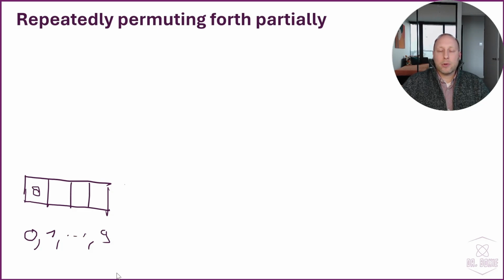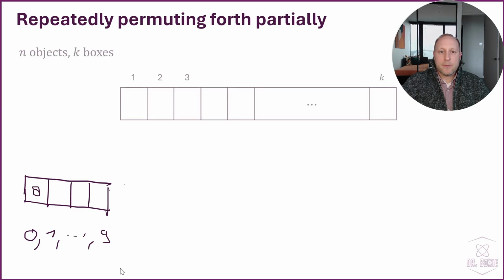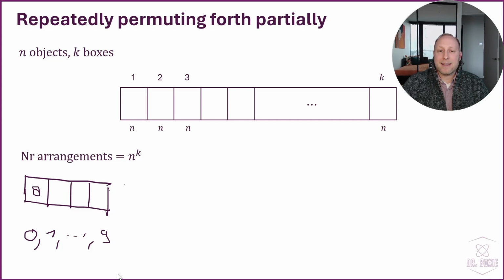What happens then to the formula of permutations? Well, we once again have n objects and k boxes, but this time I have, for the first box, n possible choices. But no matter which choice I made for the first box, I still have n choices for the second box, and still n for the third, and for the fourth, etc., all the way to n for the kth box. And so in total, the number of arrangements is n times n times n, k times.